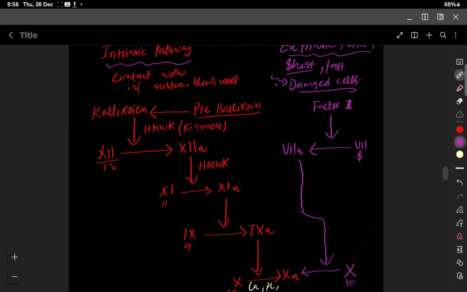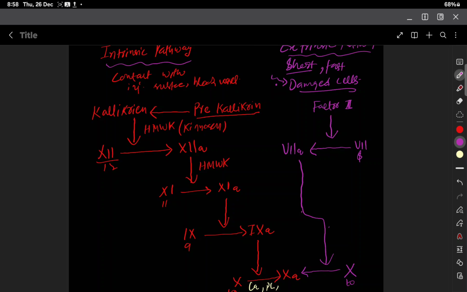Pre-kallikrein, I will explain it again. In the intrinsic pathway, when there is contact with the injured surface, the injured blood vessel, pre-kallikrein, an enzyme present in our blood, is converted into kallikrein, and it acts on high molecular weight kininogen.